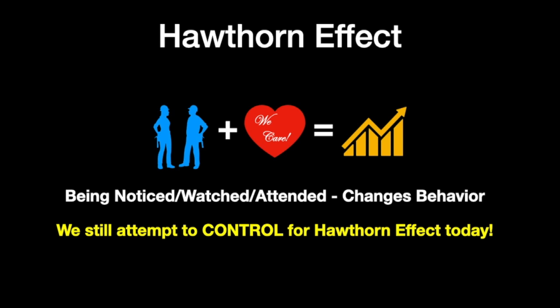We may not be in the room when they're doing their behavior. We may have hidden cameras or something, or at least we don't want them to know we're watching, because the fact that we're looking at them changes their behavior. We recognize that through the Hawthorne Effect.